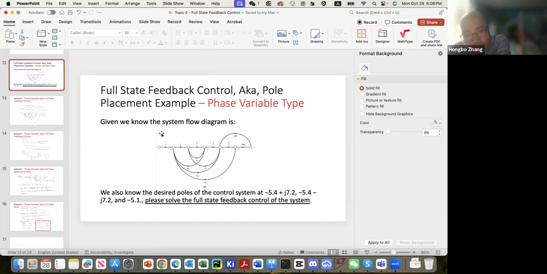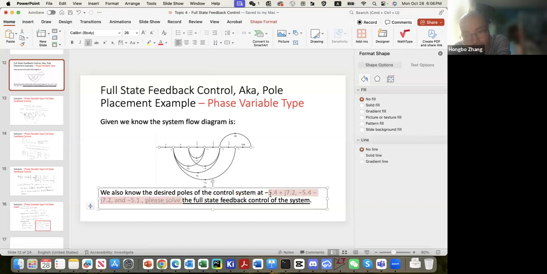Again, based on what this question asks, we know these are pole locations. Please solve the full feedback control system.